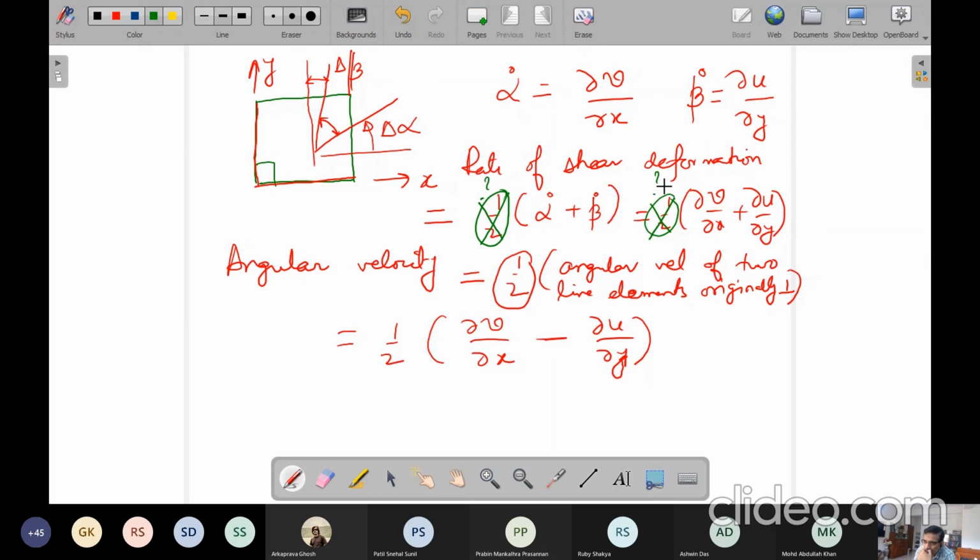It is the rate of this shear deformation. That is how we put it, or better to say, rate of strain.